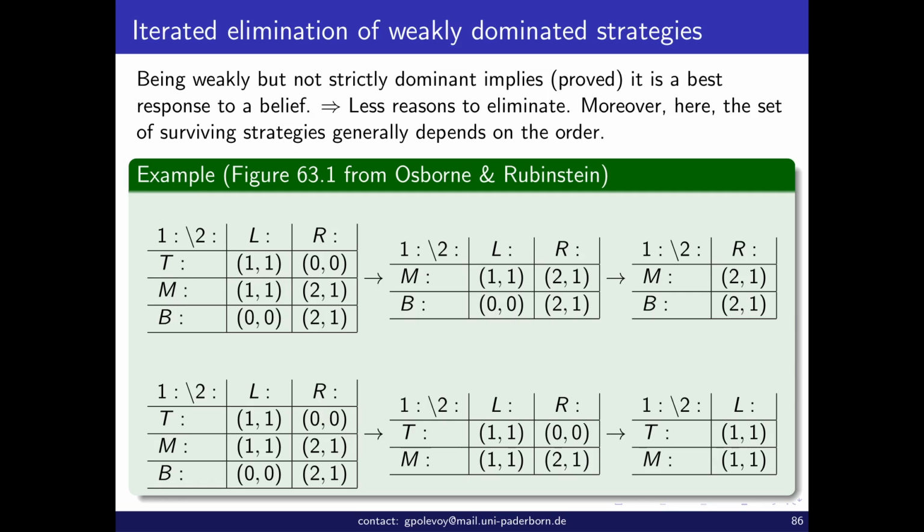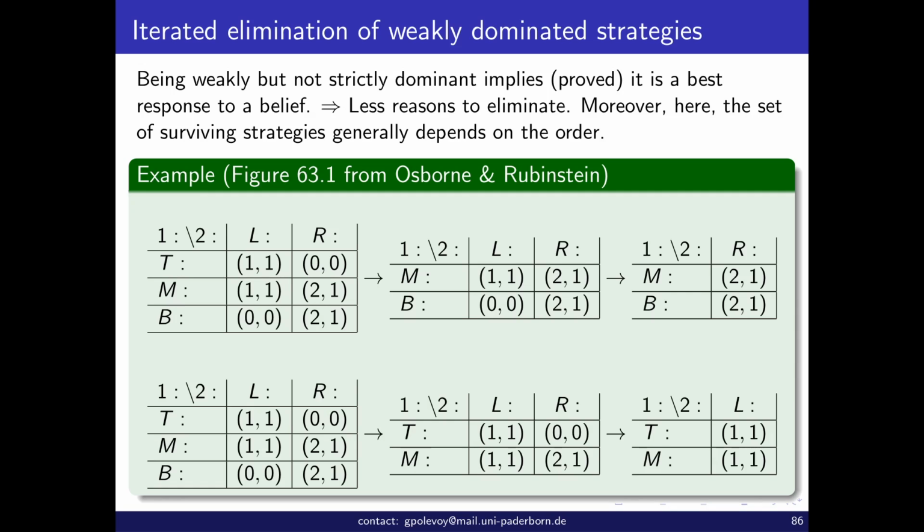Now, another important thing is that we just spoke about iterated elimination of strictly dominant strategies. Now, what happens if we iteratively eliminate weakly dominated strategies? We know that it does not have to preserve the set of mixed Nash equilibria, but what about the order? Does it matter? So, first, being weakly but not strictly dominated implies that we've proved.